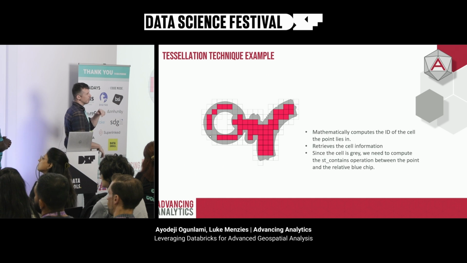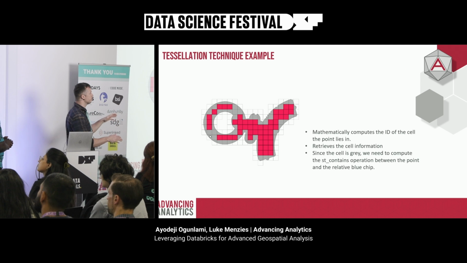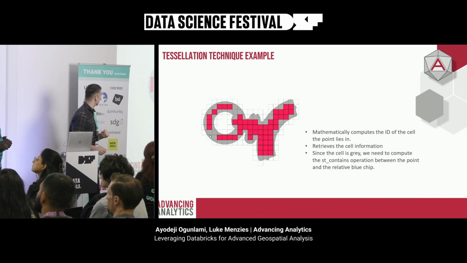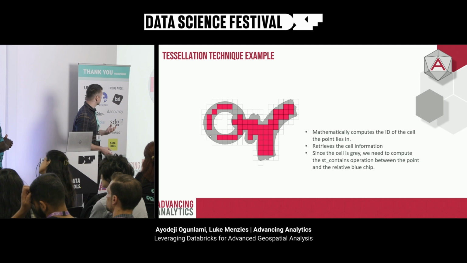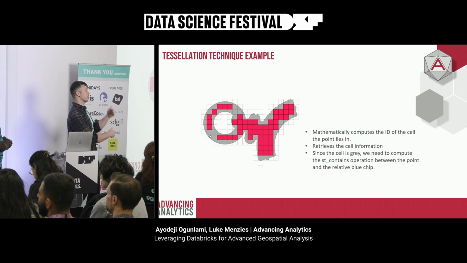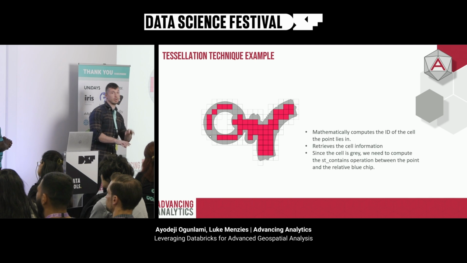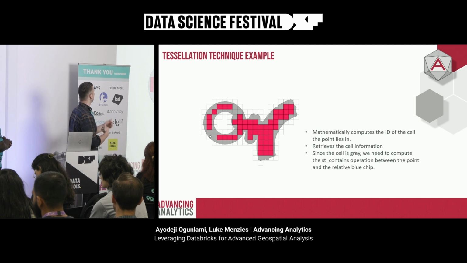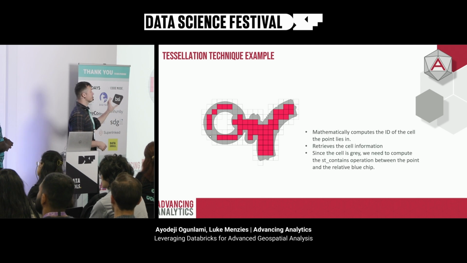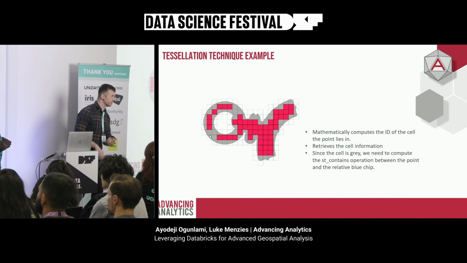There's only some on the outside that are actually going to have some sort of polygon or shape going through them. So if you look here at that point there, you notice that it lies along the boundaries. What you can do is first align the index with the index of the point, like when we were talking about the H3 index, and then follow that with the operation to check whether the point actually lies inside the polygon.